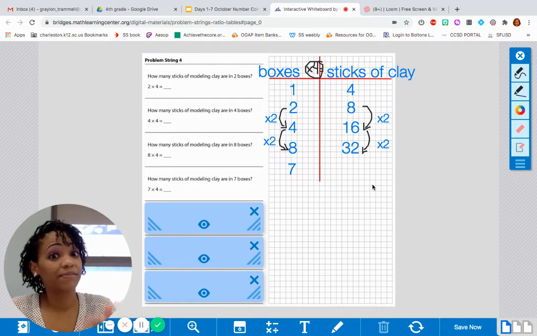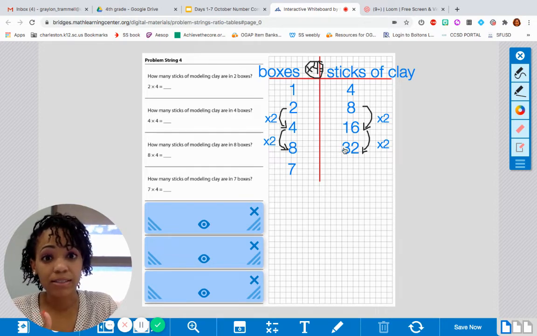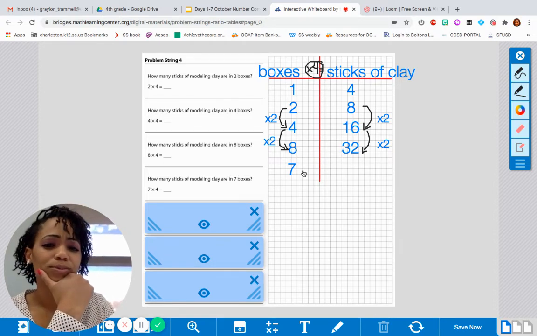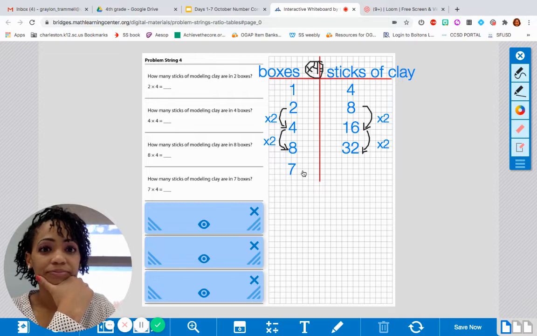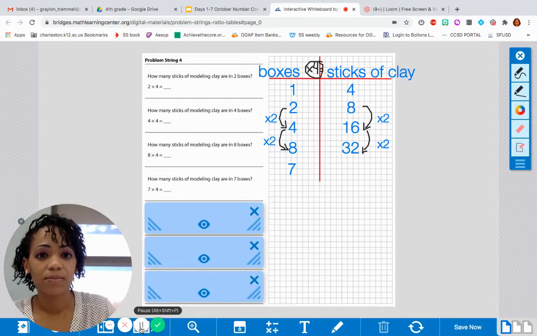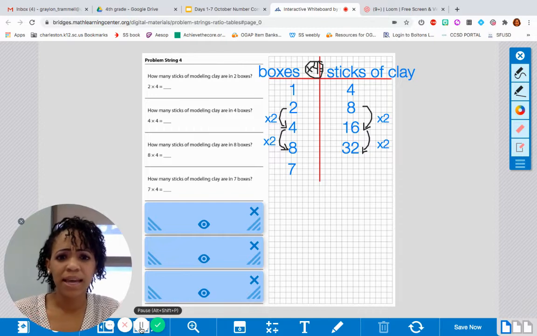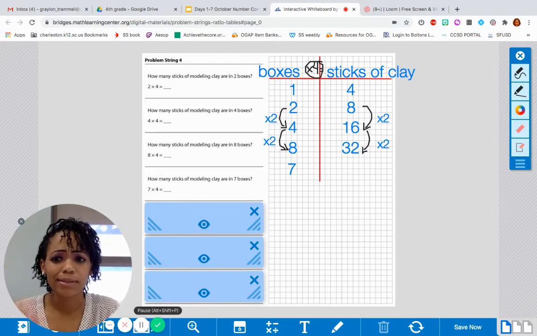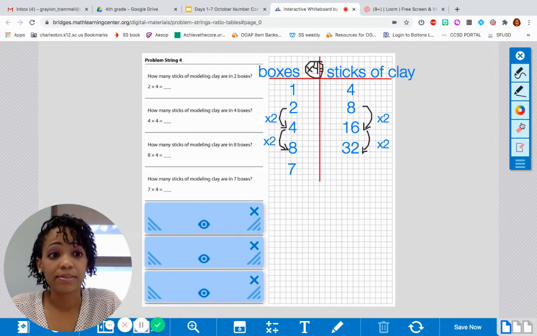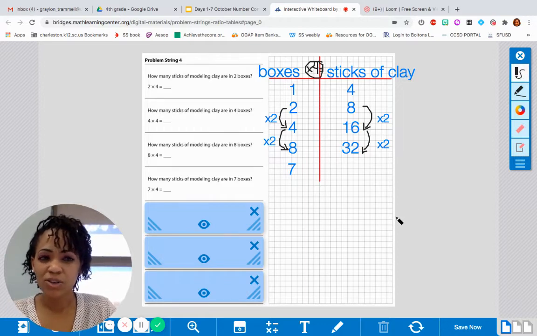We have boxes of clay. So in this problem, we had 8 boxes. So what's going on here? Yeah, we took a box away. So instead of having 8 boxes, now we have 7. So how can I show that with arrows?